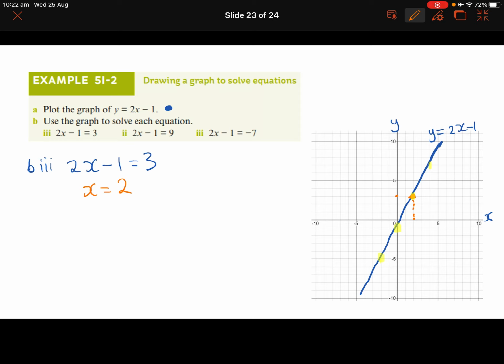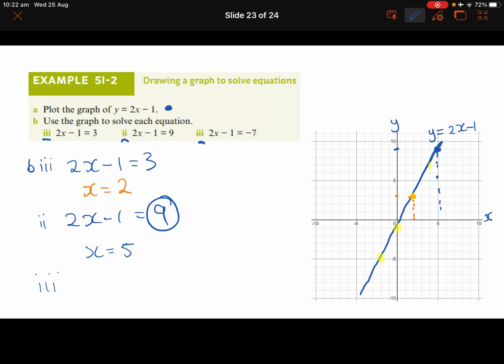Okay, then we've got the second one. 2x minus 1 equals 9. Okay, so when y is 9, so up here, what is x? So looking along here, well, x is 5.